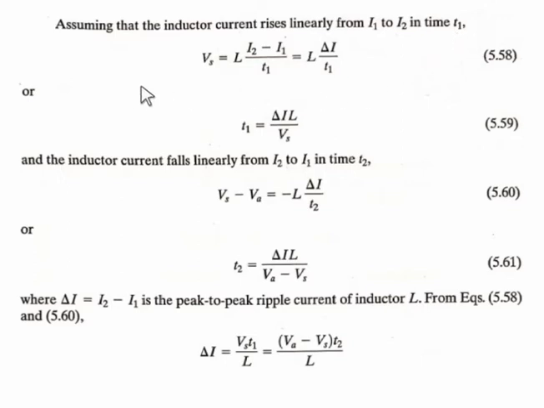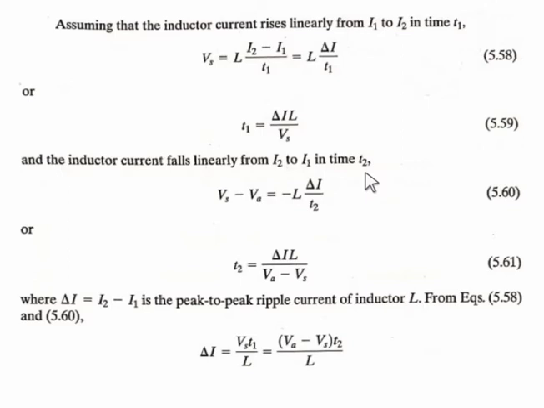So the voltage Vs across the inductor is given by the inductance L times I2 minus I1 by T1. I2 minus I1 equals delta I by T1. So from this equation, T1 equals L delta I by Vs, and the inductor current falls linearly from I2 to I1 during time T2 or turn off time.